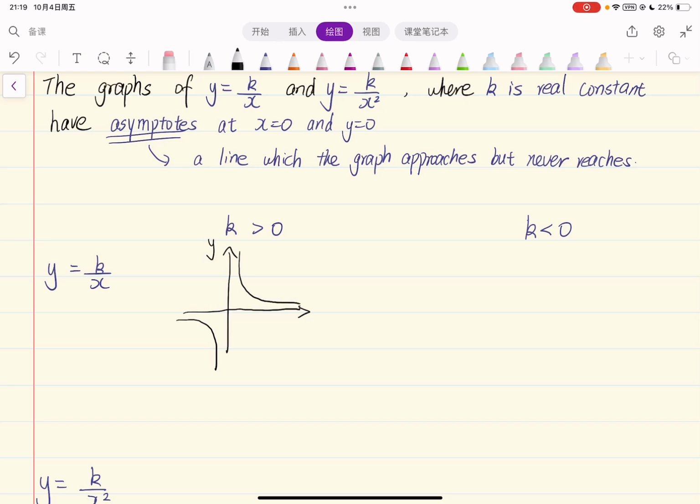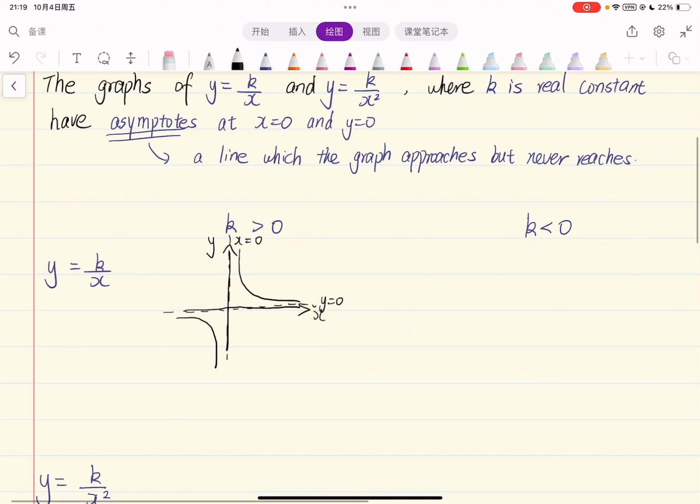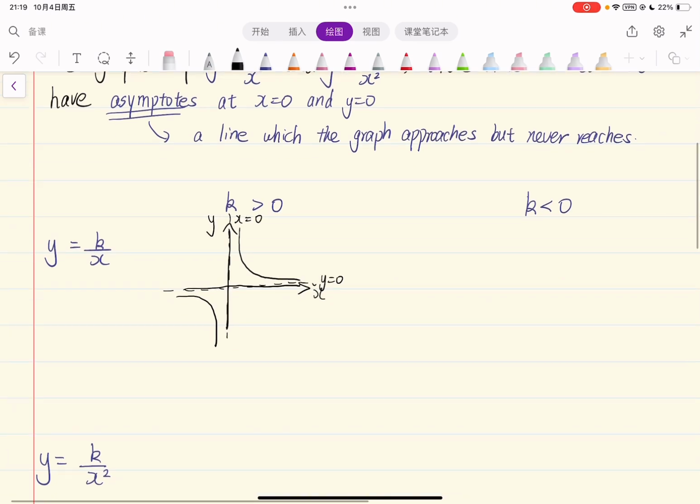So here is one asymptote, y equals 0, and then there is another asymptote, x equals 0. If k is greater than 0, the curve is in the first and the third quadrant.